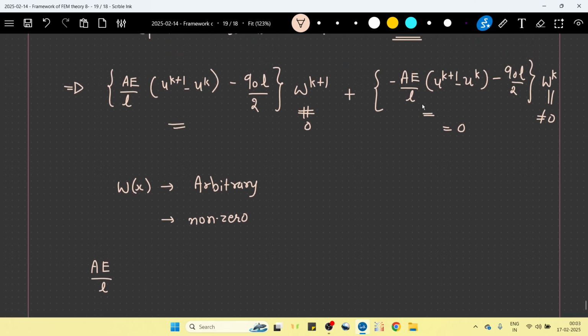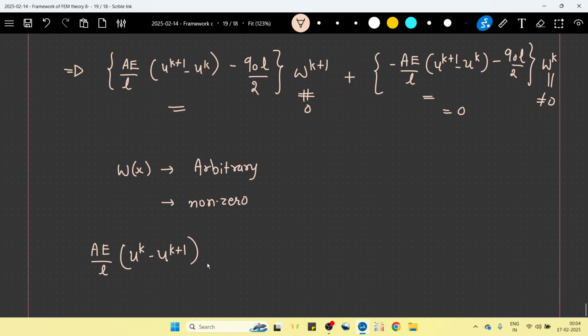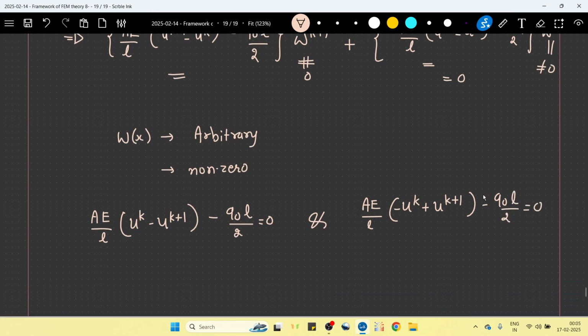First I will write this term: A by L, UK minus UK plus 1, minus Q0 L by 2 equal to 0, and this term: A by L, minus UK plus UK plus 1, minus Q0 L by 2 equal to 0. So we have two equations now.